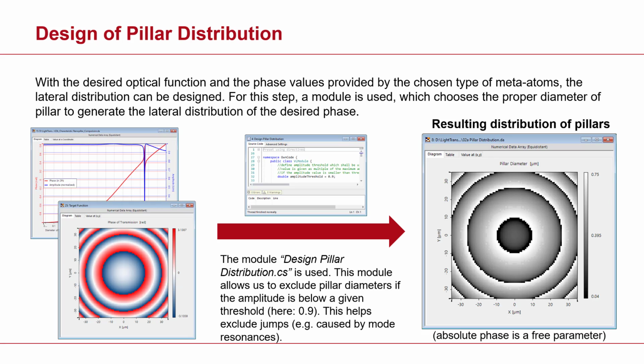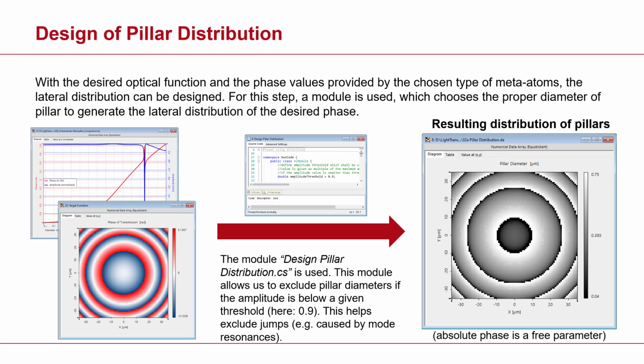Now, having that information, we once again use a C# module, that is this programmable capability in VirtualLab Fusion, to generate the pillar diameter distribution using the phase response that we want to generate and the phase information and efficiency information as a function of a pillar diameter.